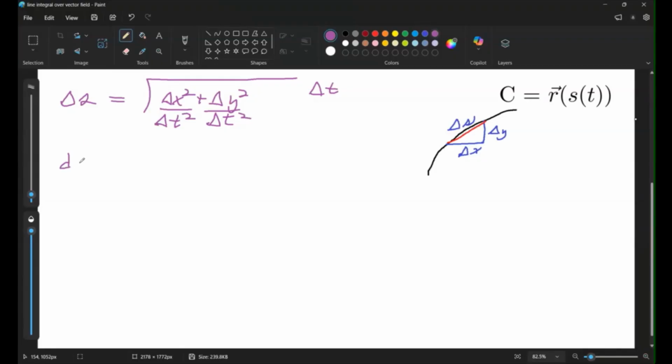Now let's just take it straight to the infinitesimals, and we would have the square root of x prime of t squared plus y prime of t squared dt.